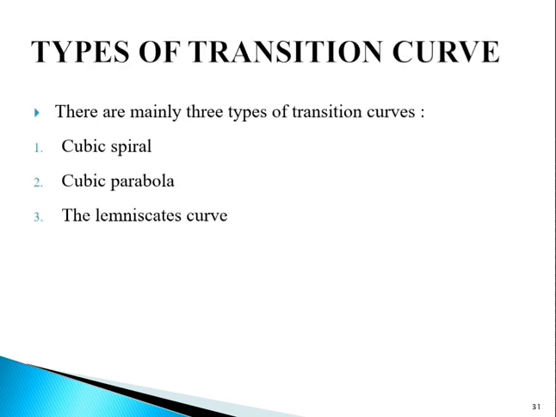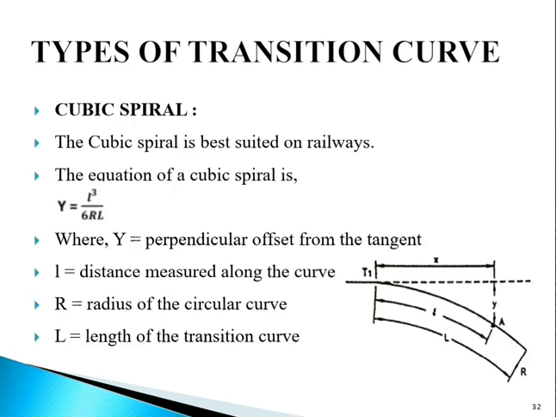Next we are going to discuss types of transition curves. There are mainly three types: first is cubic spiral, second is cubic parabola, and third is the Lemniscate curve. Let us see all three in detail. First is cubic spiral, and you can see its image at the bottom.